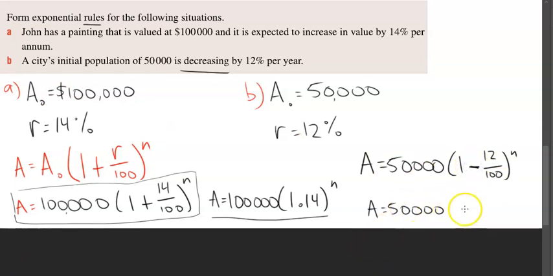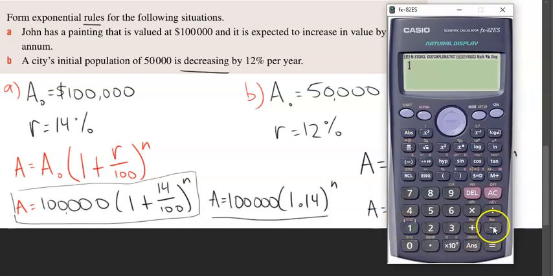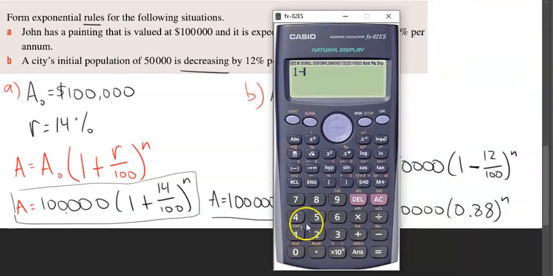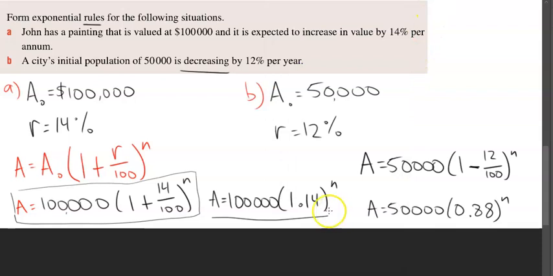That one nearly got me. So 1 minus 12 over 100. As a decimal, that will be 0.88, I believe. And that will be to the power of n. I'm second guessing myself. 12 over 100, 0.88, awesome. And that's the other format of writing it, okay?